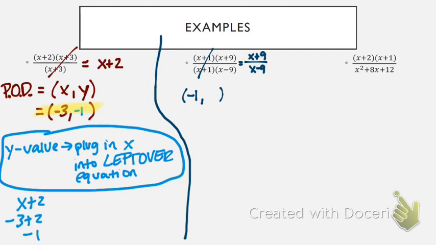The y value, I boxed that in baby blue. The y value is we plug in x into the leftover equation. So I was left with x plus 9 over x minus 9. So I'm going to plug in negative 1.